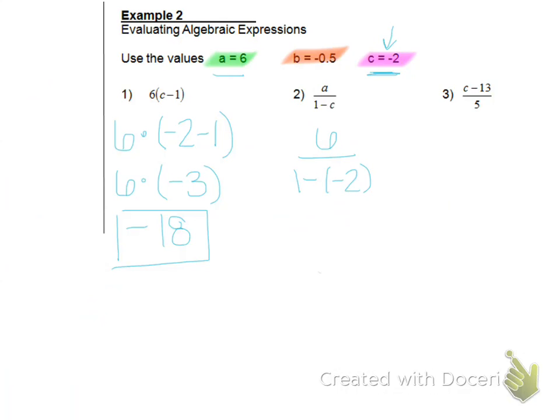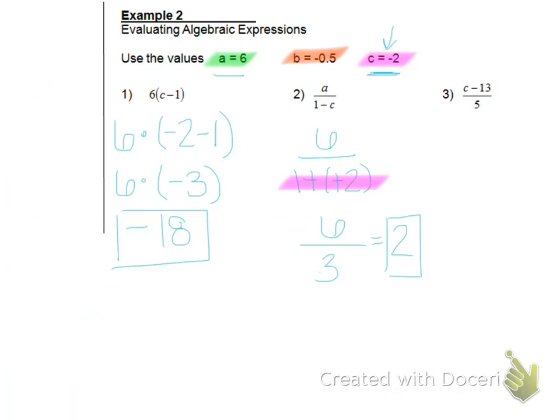So I actually need to evaluate that first. 1 minus -2 needs to be looked at first. So I'm going to recopy down the problem. 6 divided by, and then 1 minus -2 is really the same thing as 1 plus a positive 2, or 3. 6 divided by 3 is 2. So evaluating that expression, I get 2.